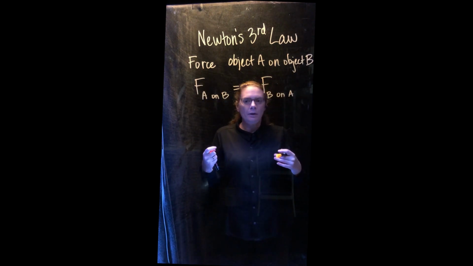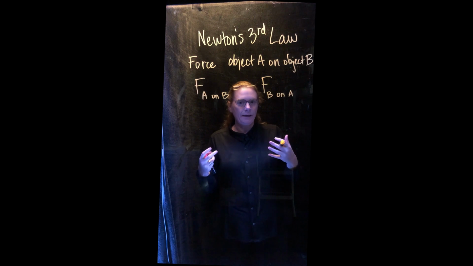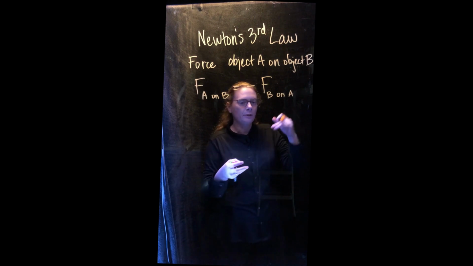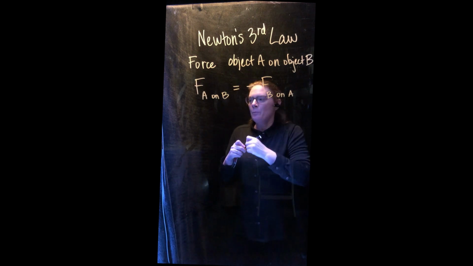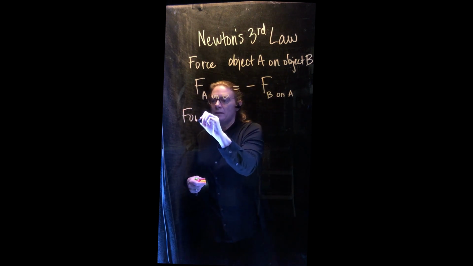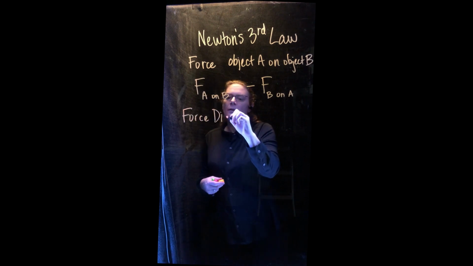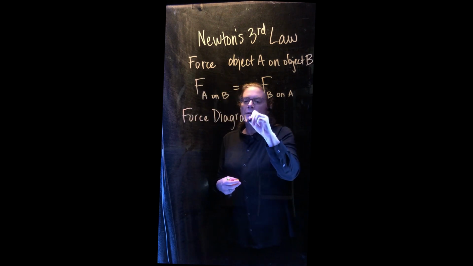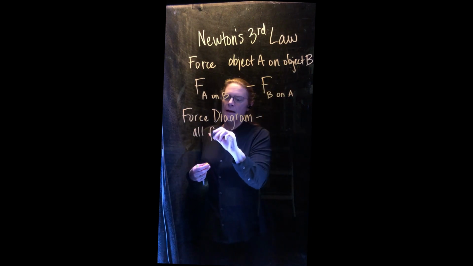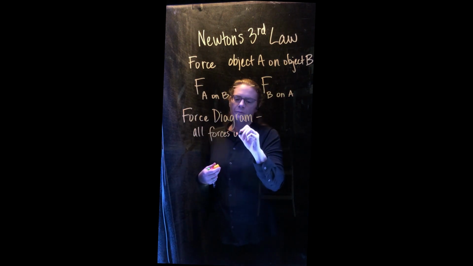It is often mistaken for the second law, particularly in places where things are at equilibrium. But what I want you to keep in mind is that on a single force diagram, so if we do a force diagram, what are we drawing? We're drawing all the forces that act on the object.